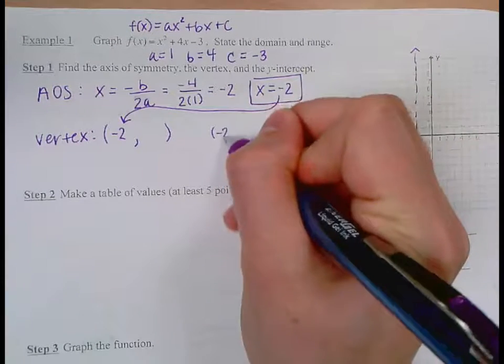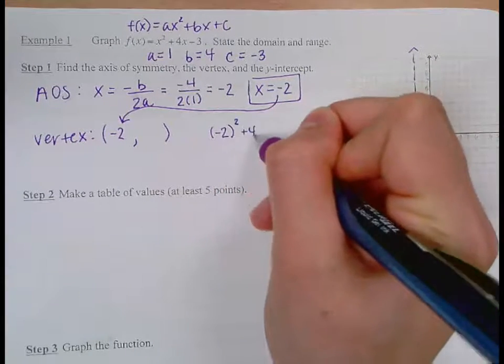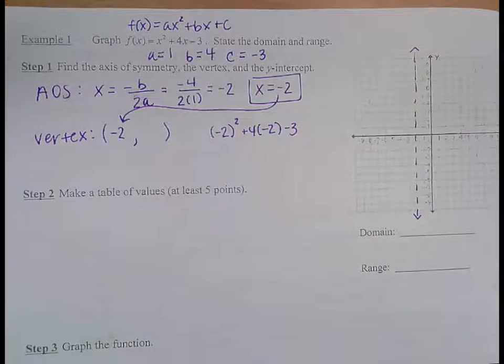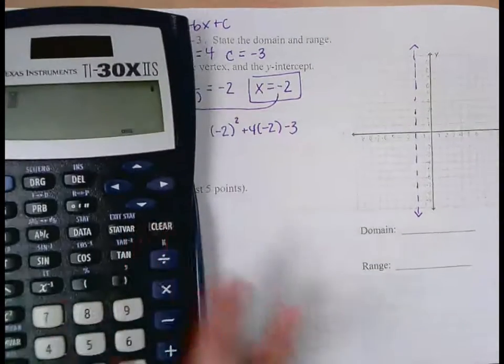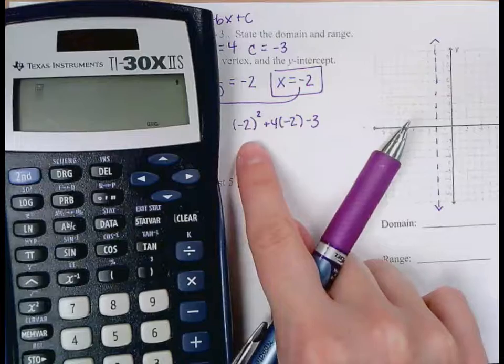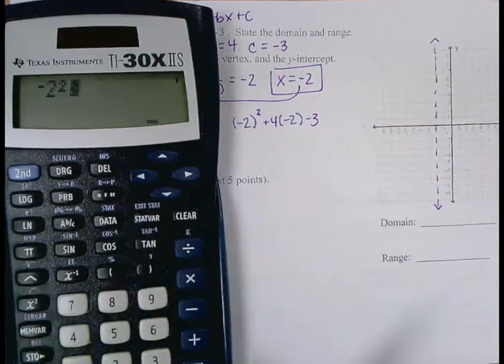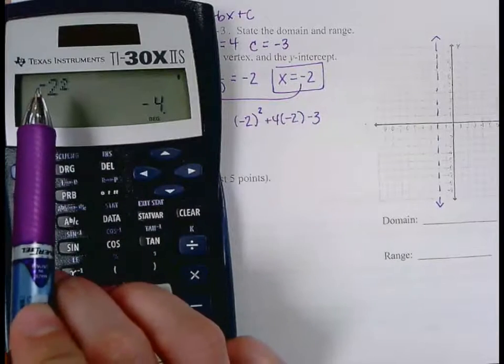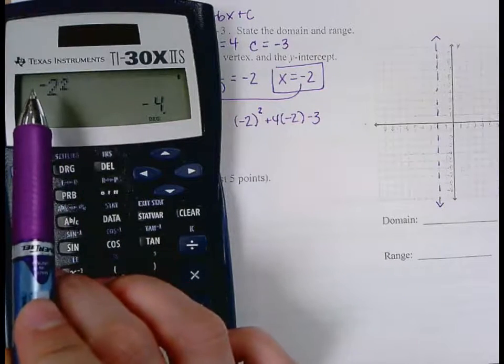So I would have -2 squared plus 4 times -2 minus 3. And here's where you just need to be careful following order of operations. If you're typing it in a calculator, make sure you're typing it in correctly. What I mean by that is if I just type in -2 squared, the calculator says it's -4. What is -2 squared? +4. Your calculator is saying -4 because this is taking 2 squared and then taking the opposite of it.